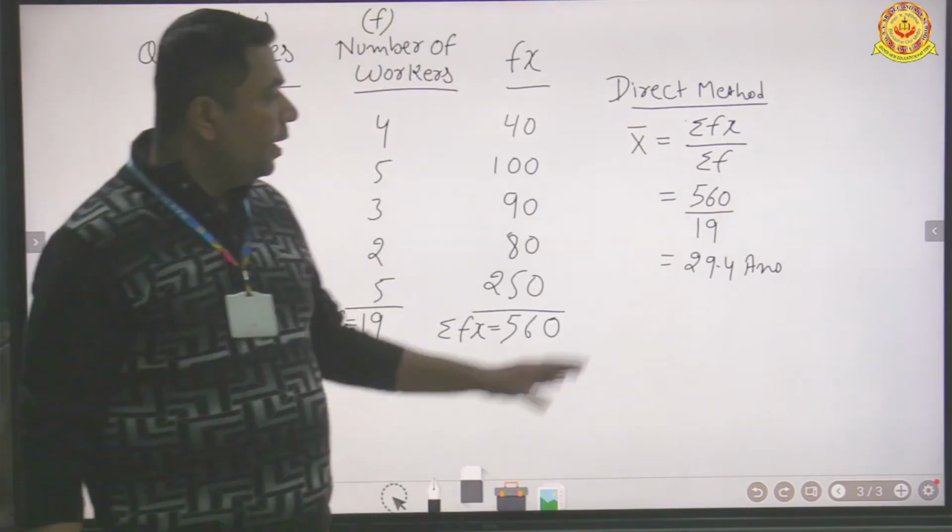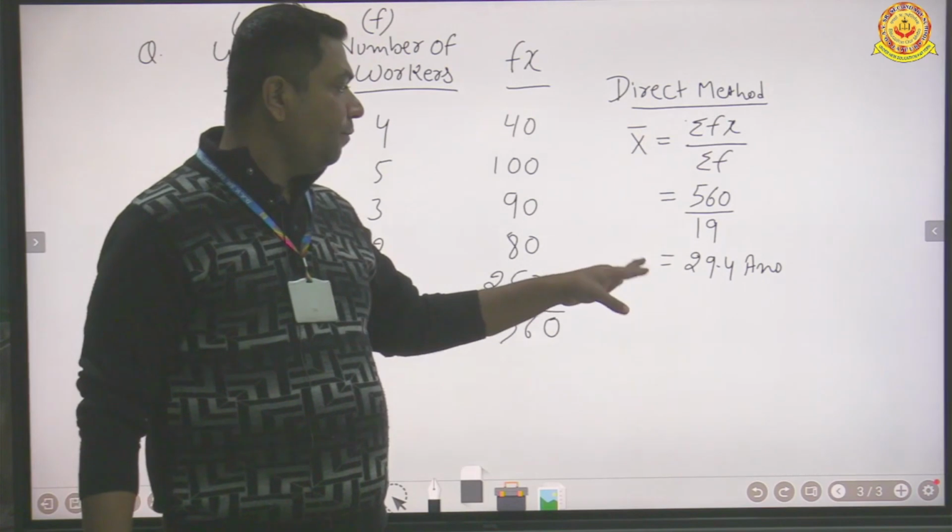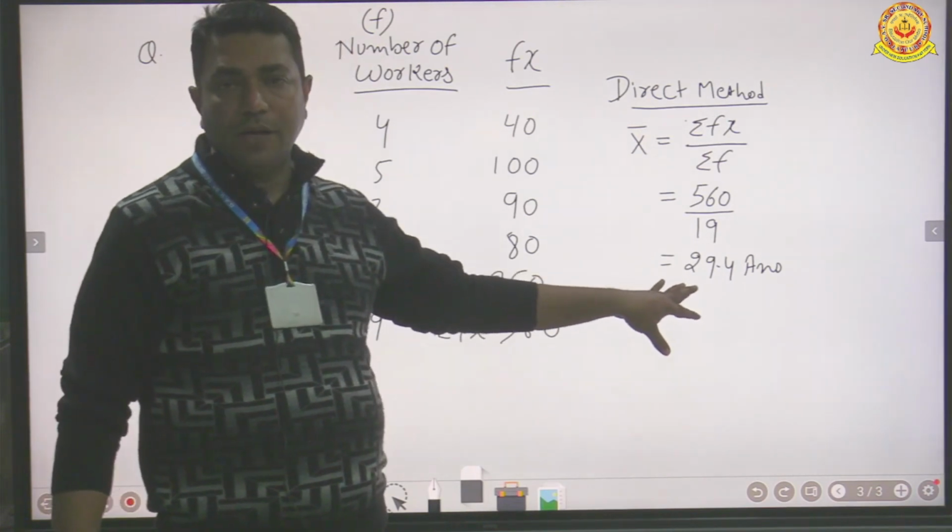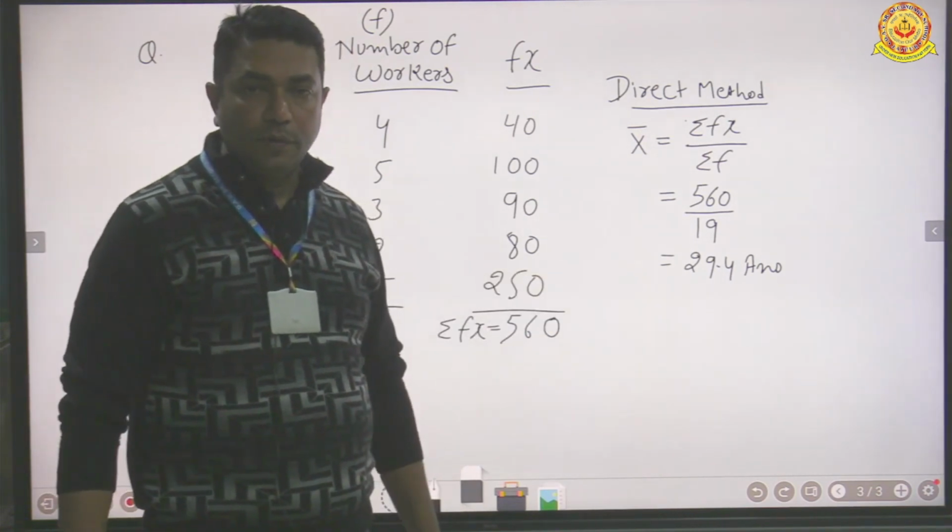So after dividing sigma fx upon sigma f, we got the final answer: 29.4.